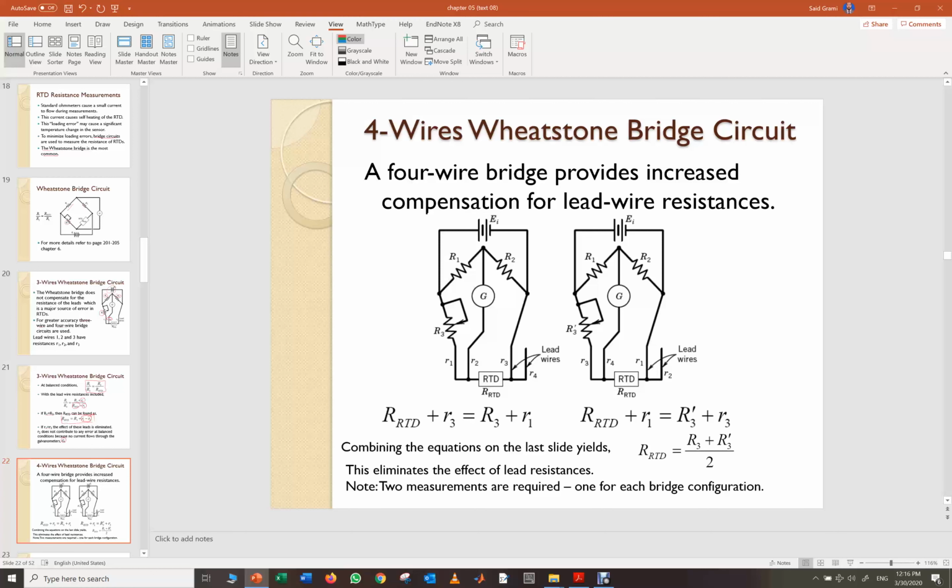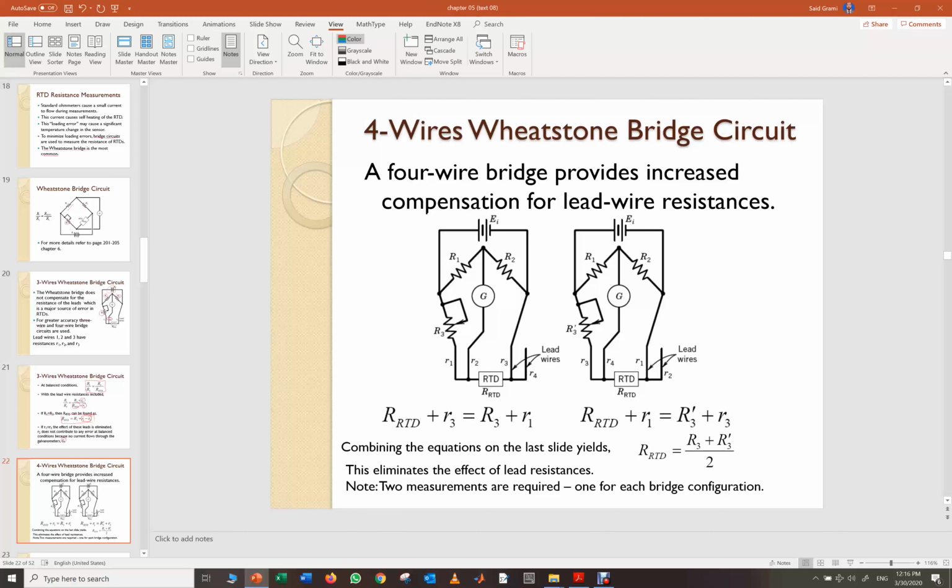So here RTD plus r3 is R3 plus r1, and we said if r1 equal to r3, we get RTD equal to R3. So if we choose r3 equal to r1, we eliminate the effect of wire. Here RTD plus r1 is R prime 3 plus r3.